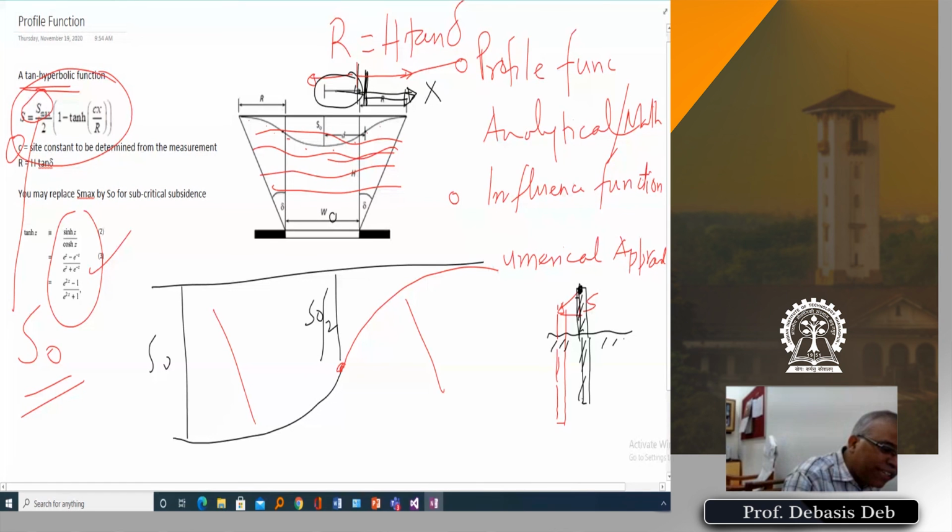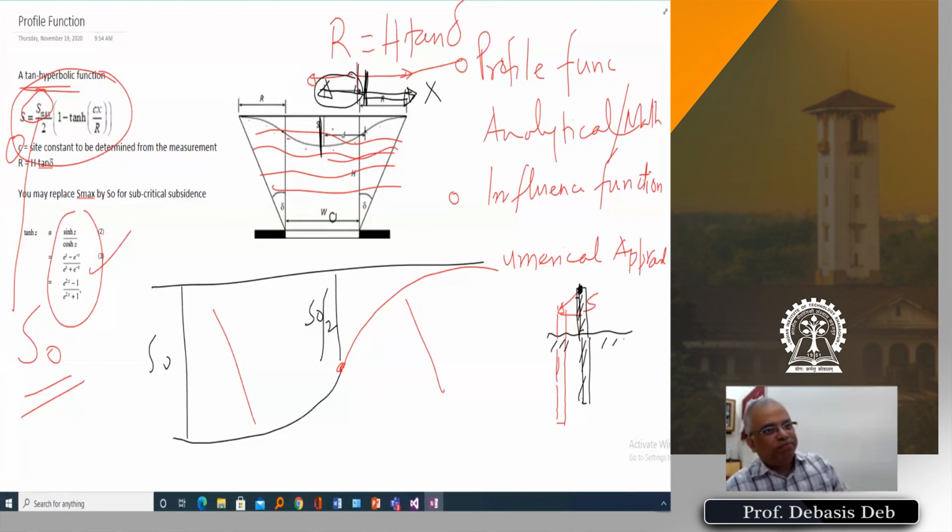And if you go in the other direction, X is minus, then it will become a negative value, and after some time it will become basically -1, with some error of course. After some distance, we can consider it as infinity, and then it will become 1. So this becomes S max or the S0, that is the maximum value.